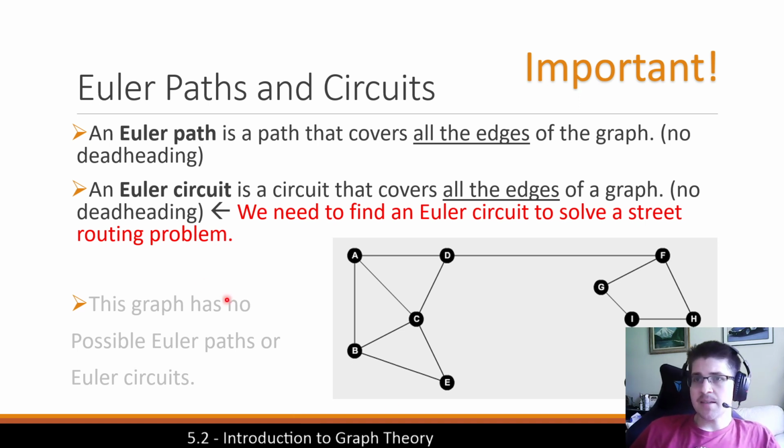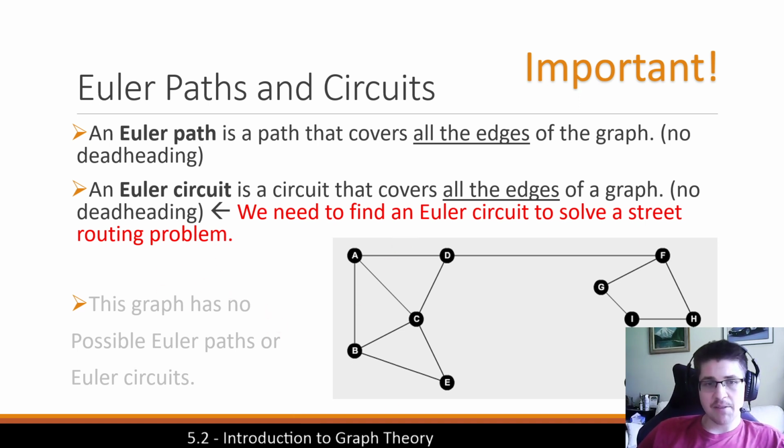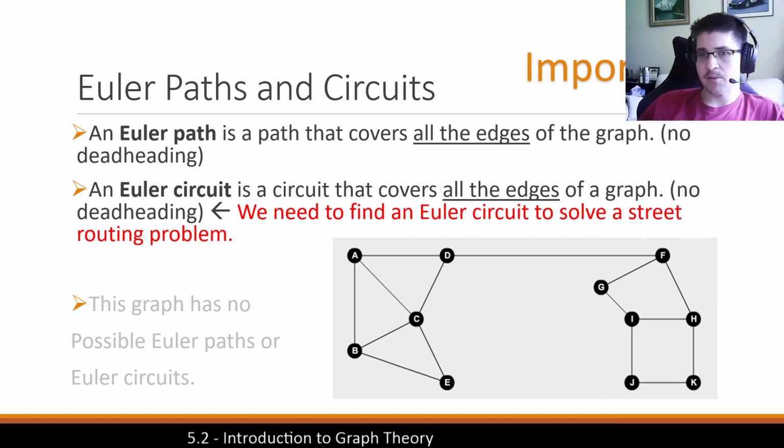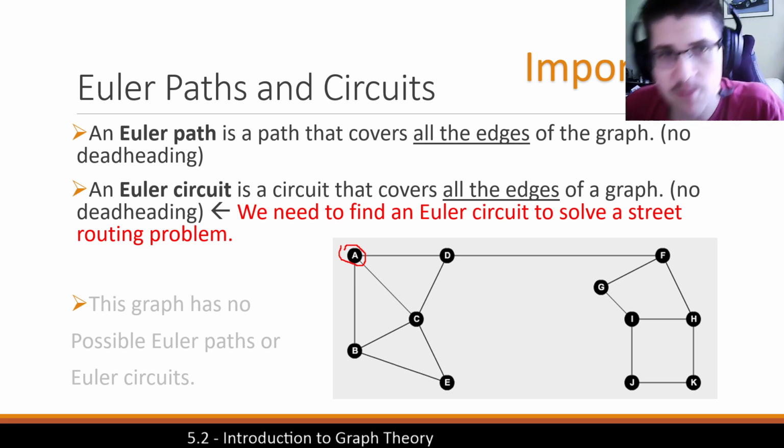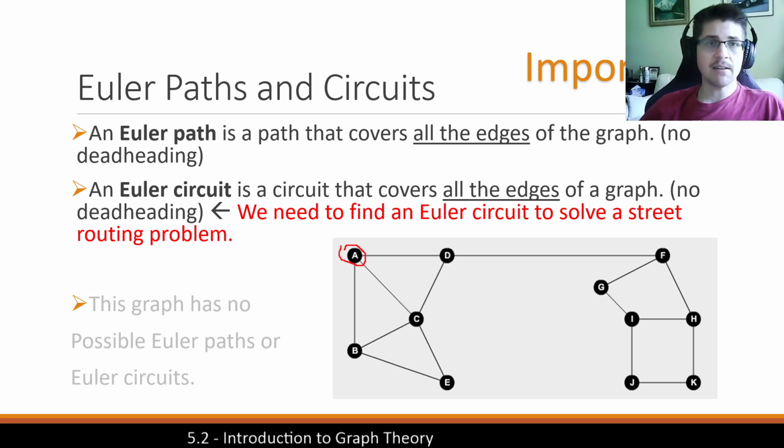But anyways, in this particular graph, sometimes it's not possible to find an Euler circuit. Before we talk about the mathematics of determining how to find Euler paths and Euler circuits, let's just say we're trying to find it by guessing. For example, we could try to go like this, and if we were thinking about an Euler circuit, again, it would have to be a circuit which returns back to the start and hits every single edge.